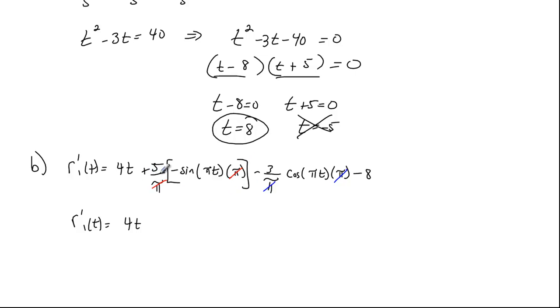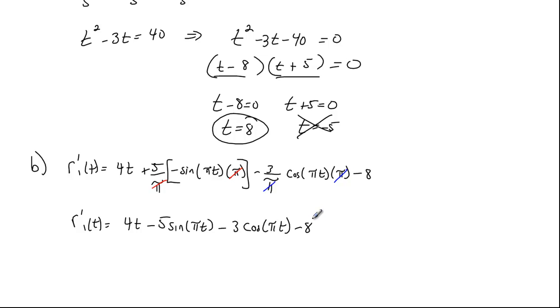So 5 times the negative gives you minus 5 sine of pi t minus 3 cosine of pi times t minus 8. So that's what this derivative simplifies down to.